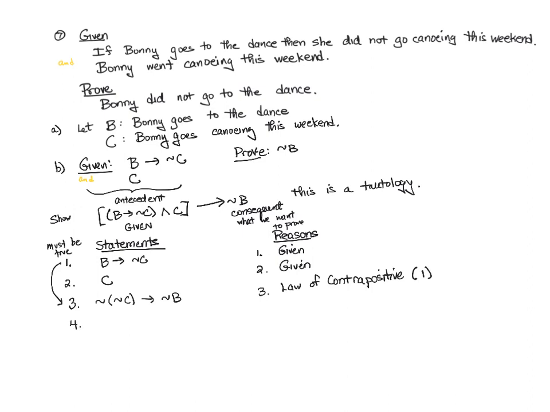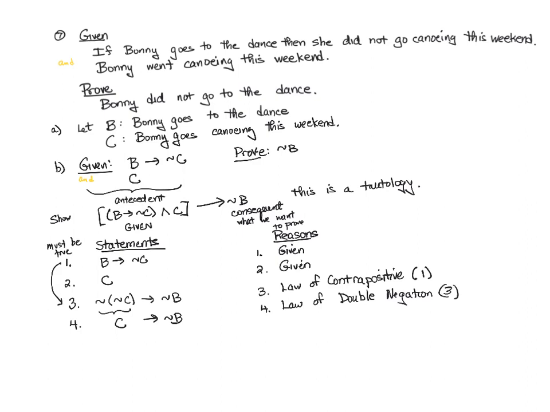Now we simplify this and we say, well, this is the same as if C, then not B. And that's called the law of double negation. And these were tautologies we proved at the very beginning. And that was used on step 3.